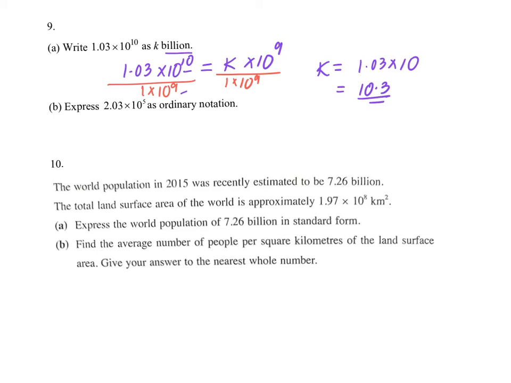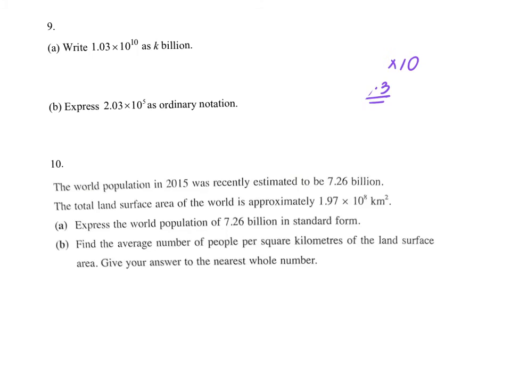Don't understand? Okay, never mind, I'll repeat again. Write this number as K billion: 1.03 times 10 to the power of 10 is something billion. Billion is times 10 to the power of 9, correct? I don't want the 9, I want to find K. So I divide by 10 to the power of 9.